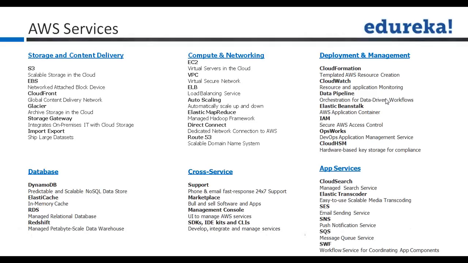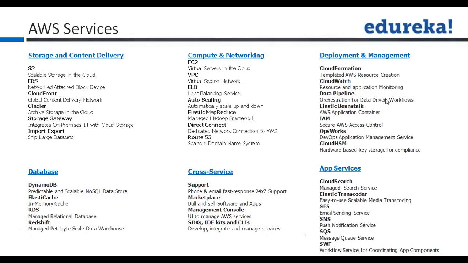Route 53 is a scalable domain name system. It's like a phone directory of domain names, where google.com maps to a certain IP address. That kind of service is provided by the domain name system, and Amazon has an offering called Route 53 for that.